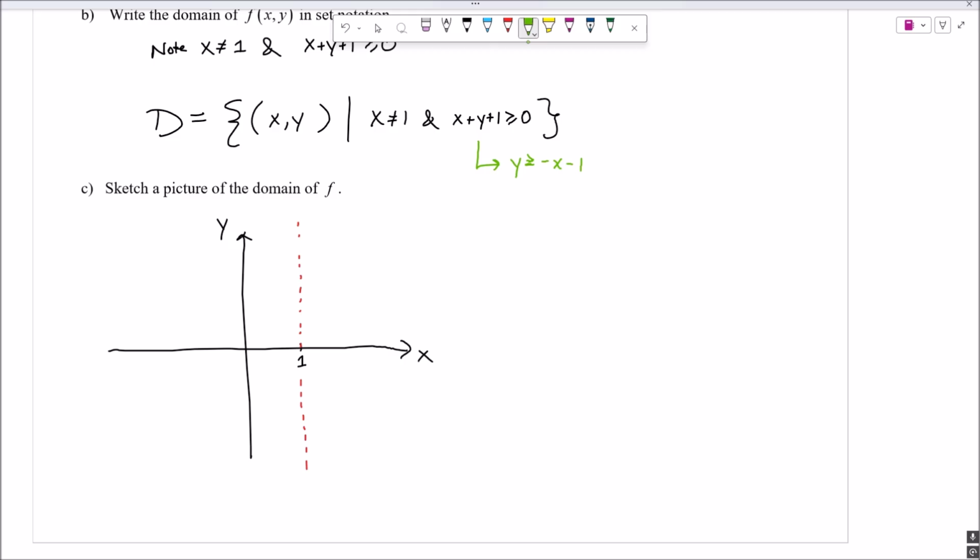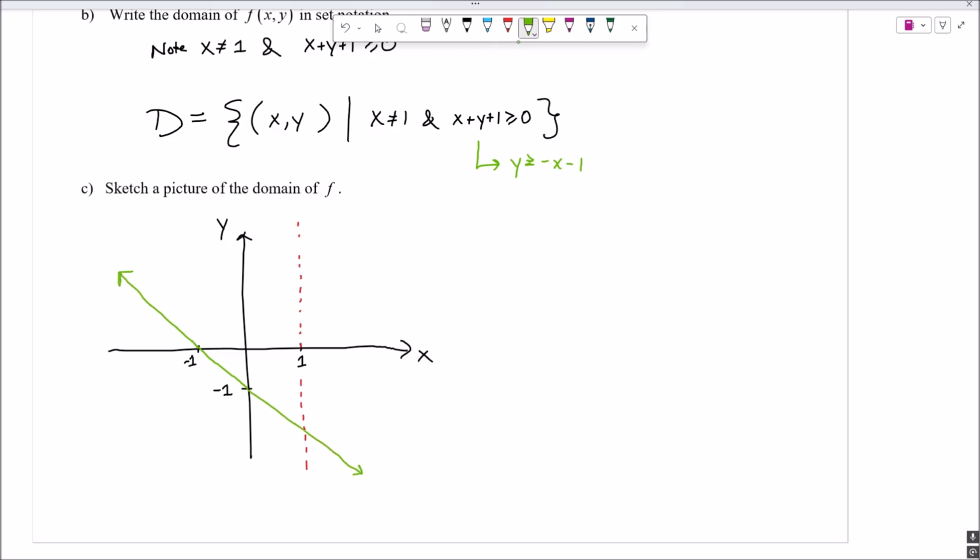And if I also think about this as y equaling negative x minus 1, I could easily start to create the picture of a line here in the xy plane. It would be a line with a y-intercept of negative 1 and a slope of negative 1. I think it would be a line that goes through these 2 points here, and I'll continue to sketch the rest of it out.